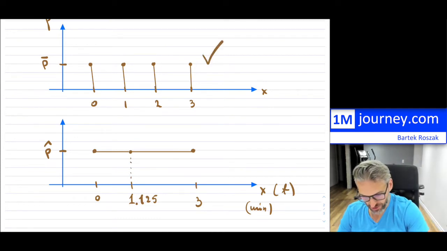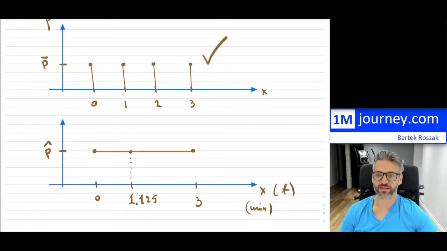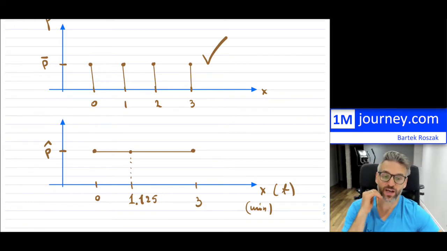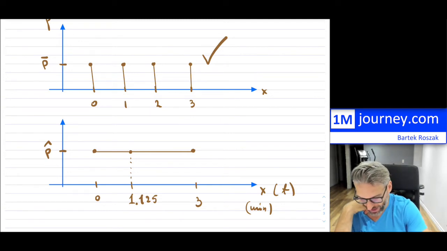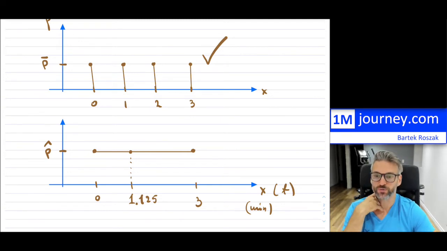Now, these were actual probabilities in the discrete case. Now, we can't do that in the continuous case. So I can't say that this is still 0.25, and that's the probability for each individual point.